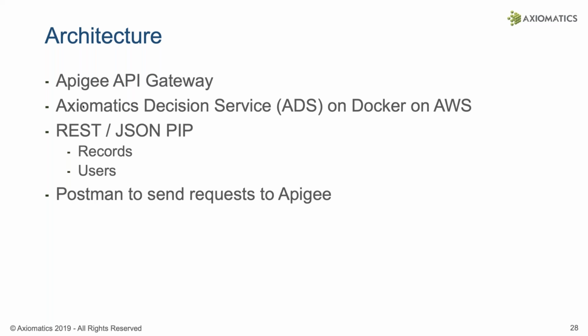It's running on Docker on an AWS instance. We leverage a REST and JSON attribute connector, or PIP, that can get record information and user information. And I'm going to use Postman to send test requests to Apigee.